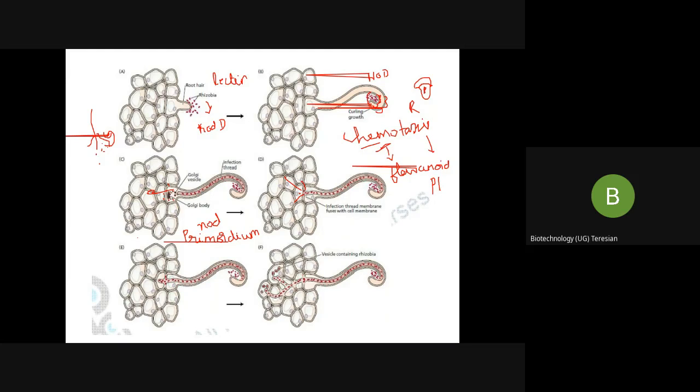Next, what you will see is the formation of, I told you, remember this word from the last class, bacteroids. B-A-C-T-E-R-O-I-D. Bacteroid.